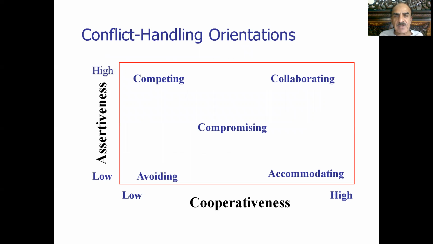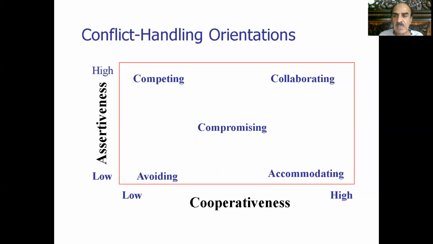Now, this is a very interesting figure, which tells us the various modes of conflict handling. There are two dimensions of this conflict handling matrix. The first is the cooperativeness between the two parties, that is, how forthcoming the two parties are to solve the problems.